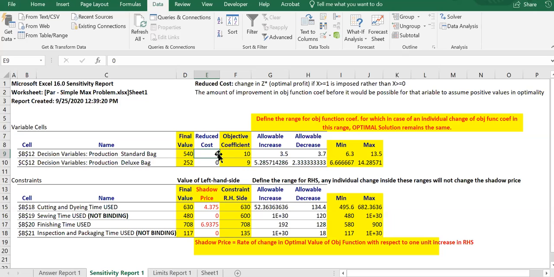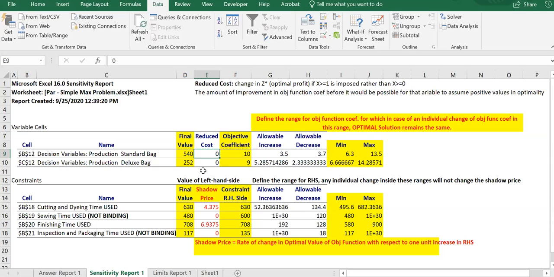This means the amount of increase on the objective function coefficient before it's reasonable for this variable to become positive. It's now 10, so that's fine. There is no need to increase. Like I said, there is a balance here. Everything is in balance, so the reduced cost is 0.